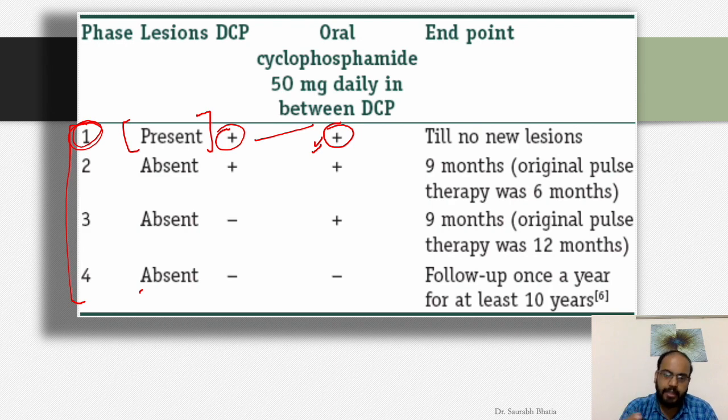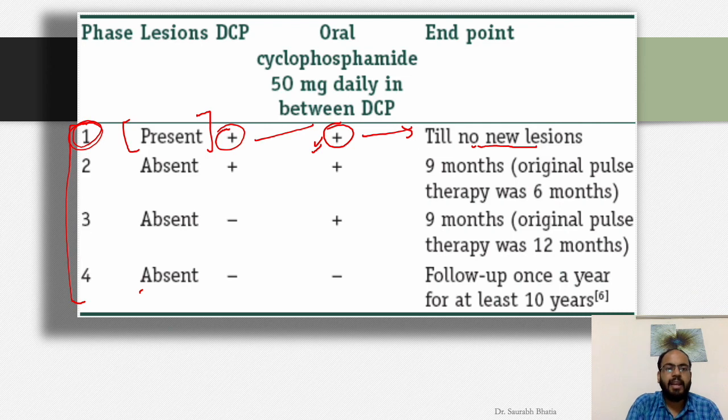But essentially the DCP regimen for pemphigus includes use of oral and IV cyclophosphamide both. Okay, so in phase 1, the lesions are present, DCP is given, and oral 50 mg cyclophosphamide every day is also given. And the pulses are given once a month till no new lesion of pemphigus starts to come.